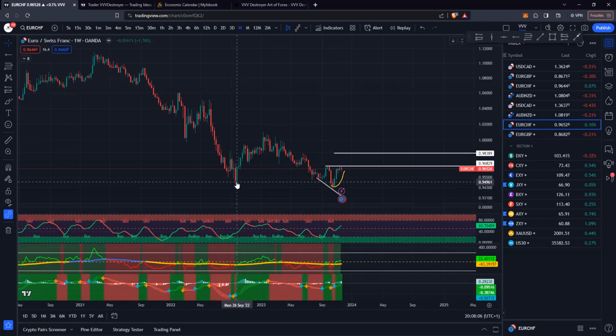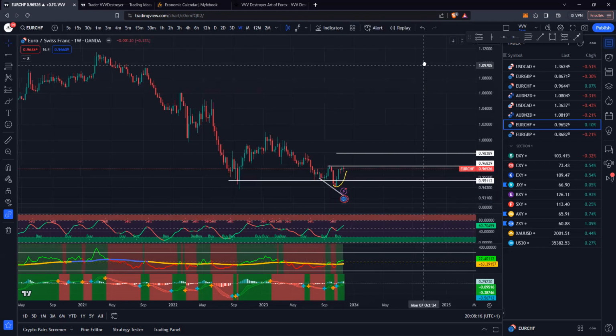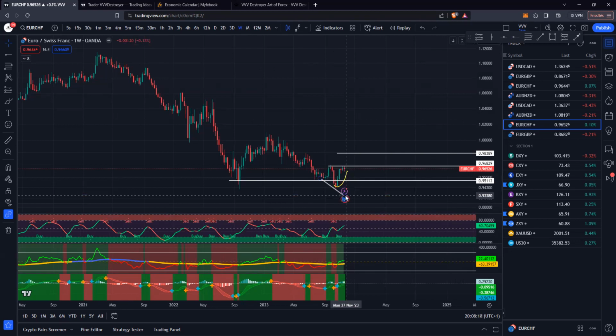So what we could witness is that here was our low, and this is a pure, let's say, manipulation of the market. And that's when mostly the divergence kicks in. We have the close of the candle, we reached that point, and as you see, it started to bounce.